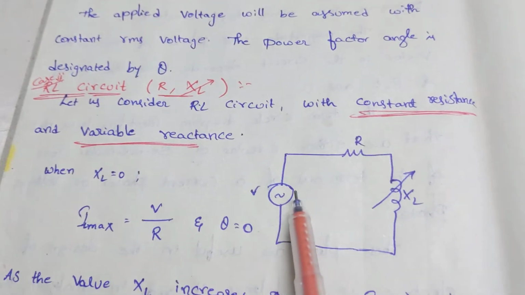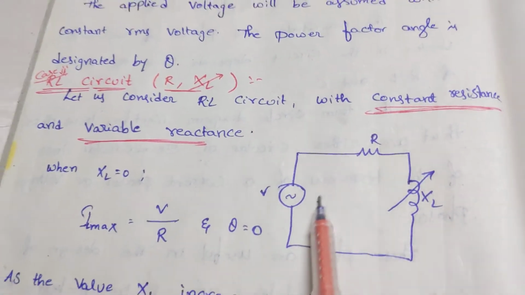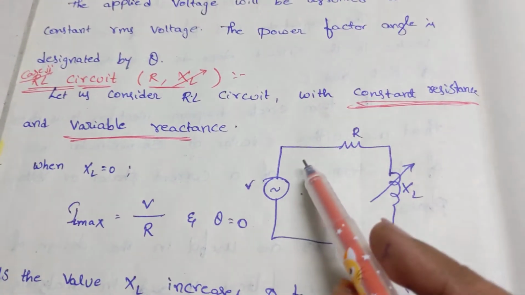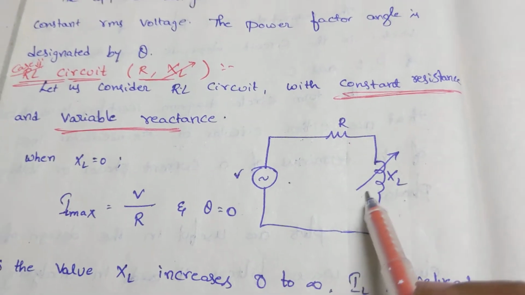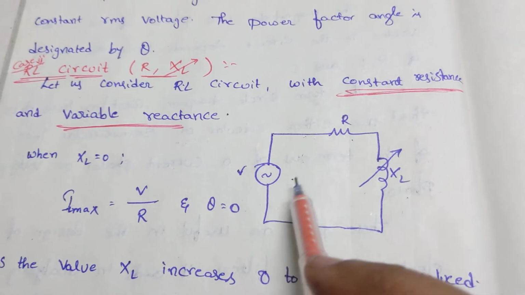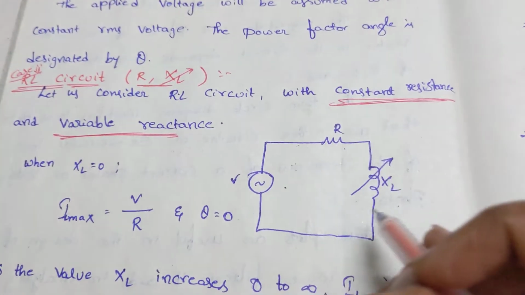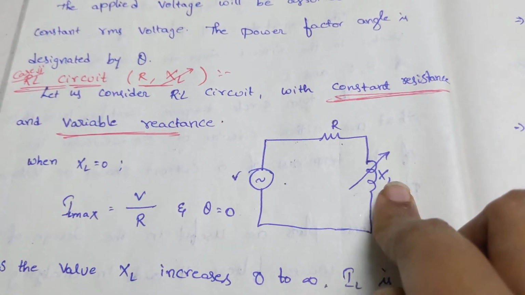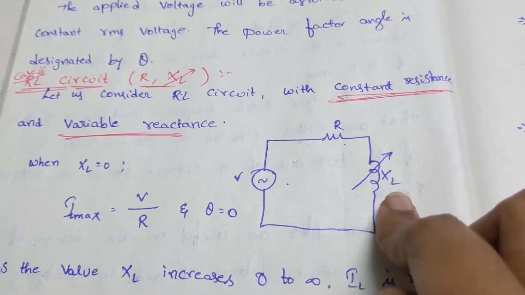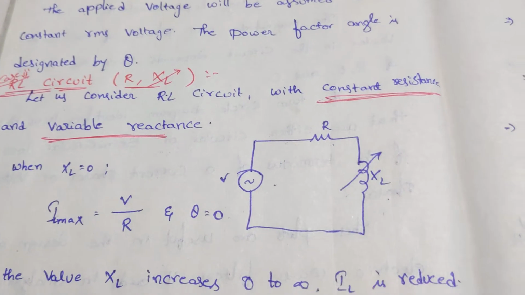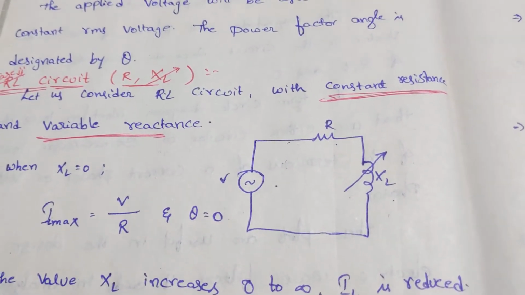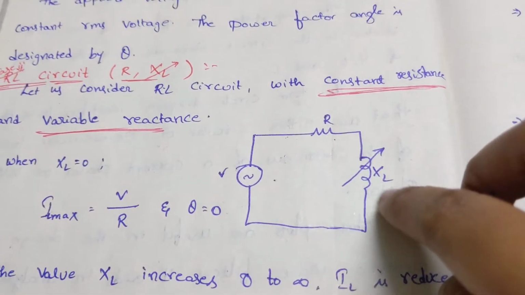If you observe this circuit, it has resistance and reactance, and this reactance is the variable quantity. This variable reactance has a range of 0 to infinity, because the minimum value is 0 and the maximum value is infinity.